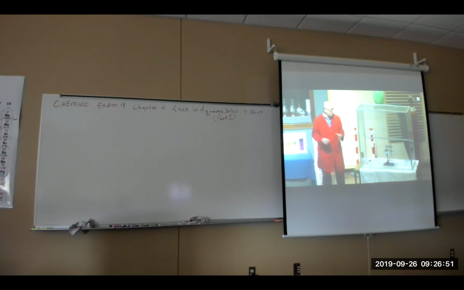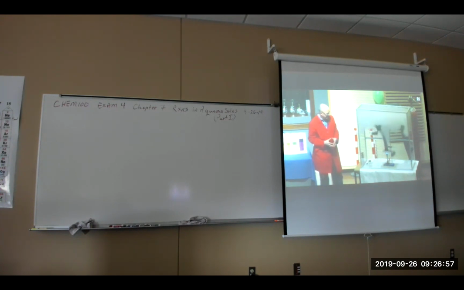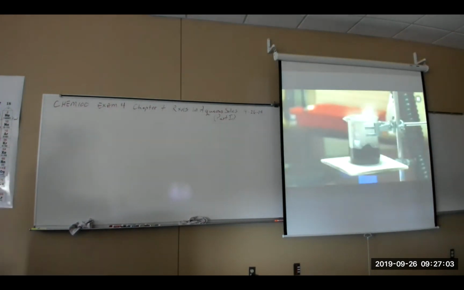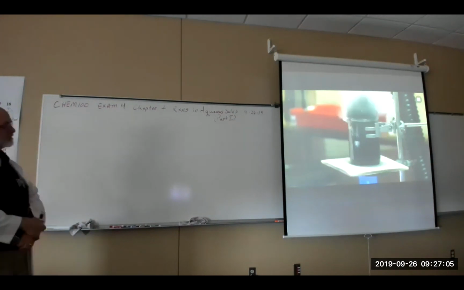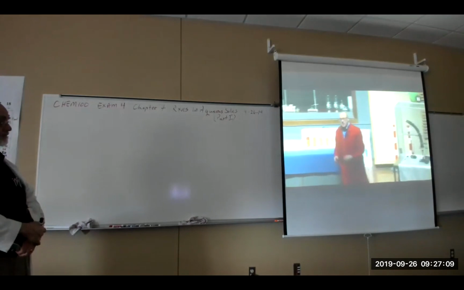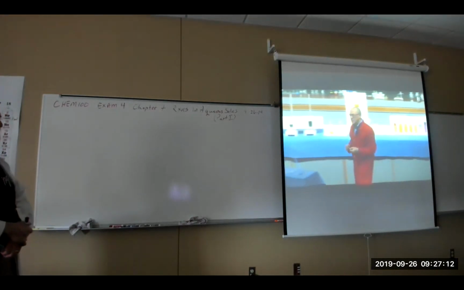This makes quite a bit of smoke, so we've got this special hood that will suck away the smoke from the reaction. Here it goes. Okay, so that's the chemical reaction that involves a change of state.